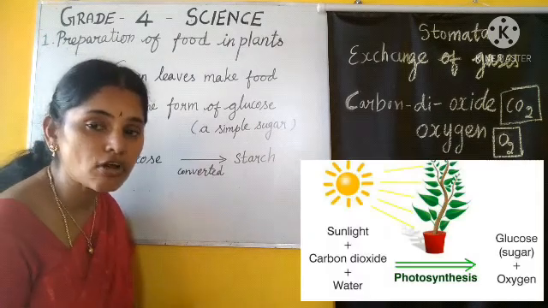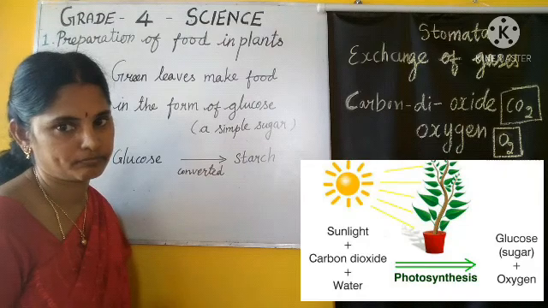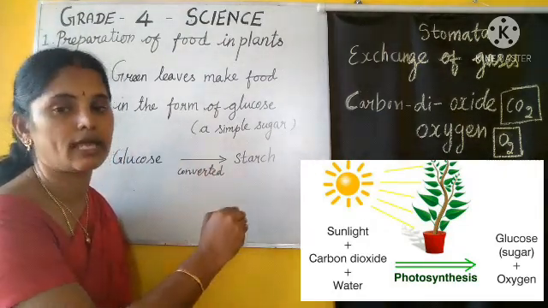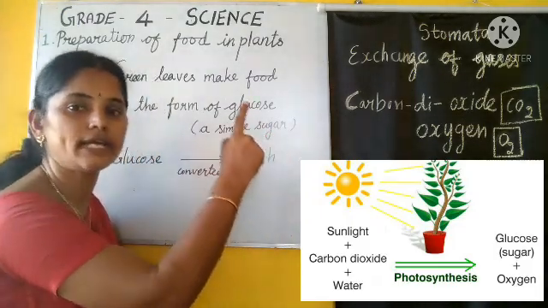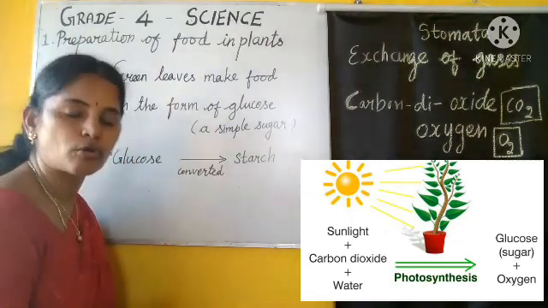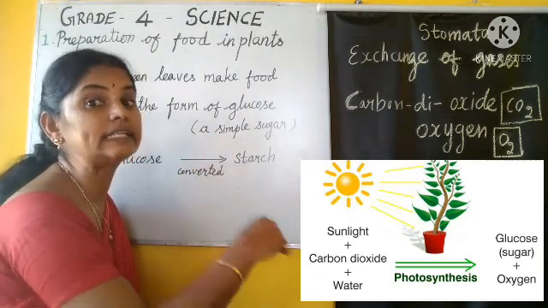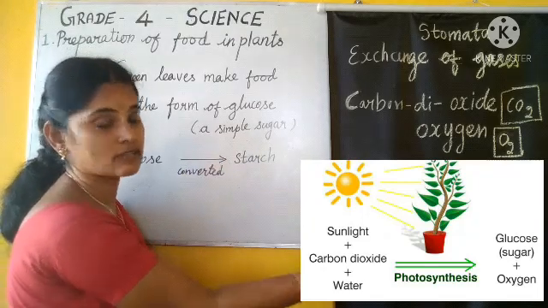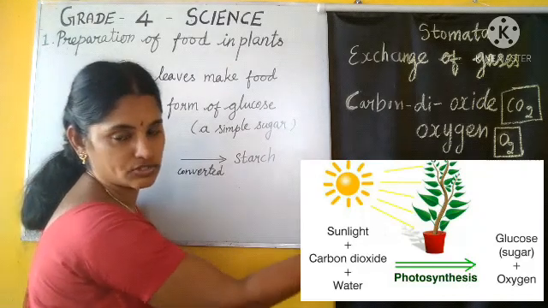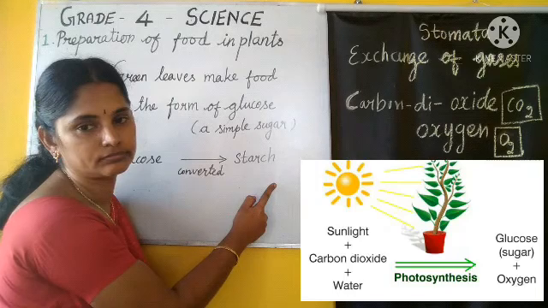So the plant prepares food with the help of carbon dioxide, water and sunlight. So the photosynthesis process happens. At the end, it releases the gas called oxygen, and food, starch.